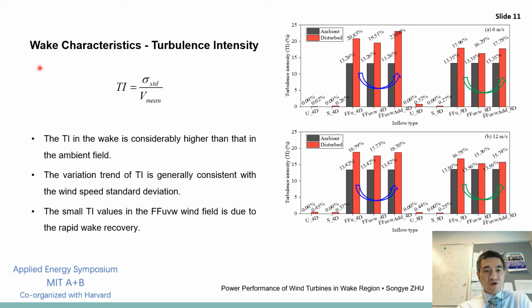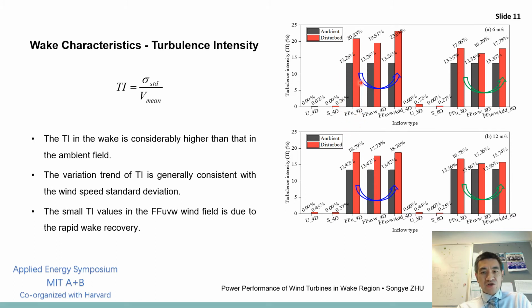We can further quantify the wind speed fluctuation using this turbulence intensity index. We can compare turbulence intensity for different separation distance 4D and 8D for different wind speed 6 meters per second and 12 meters per second. Let's look at this. The black bar shows the turbulence intensity in the inflow, its ambient turbulence intensity.